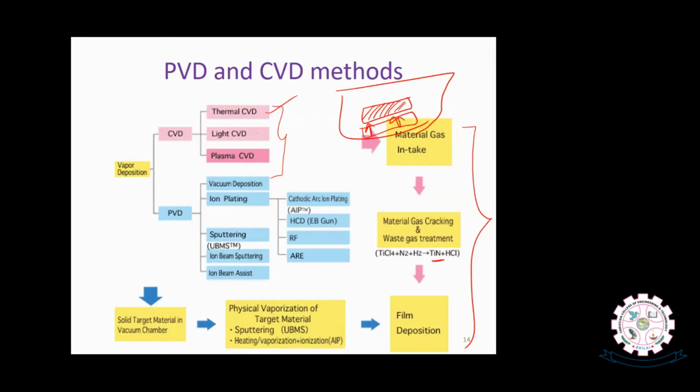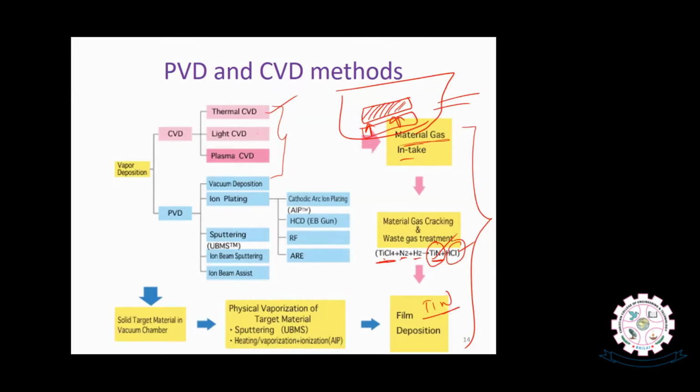Because the material gas coming inside the chamber has to break its bonds. For example, to deposit titanium nitride, my initial reagents are titanium chloride, nitrogen and hydrogen. When I heat it onto the substrate, I get titanium nitride and HCl. This HCl is a byproduct. If I remove the byproduct, my film is deposited here, titanium nitride.